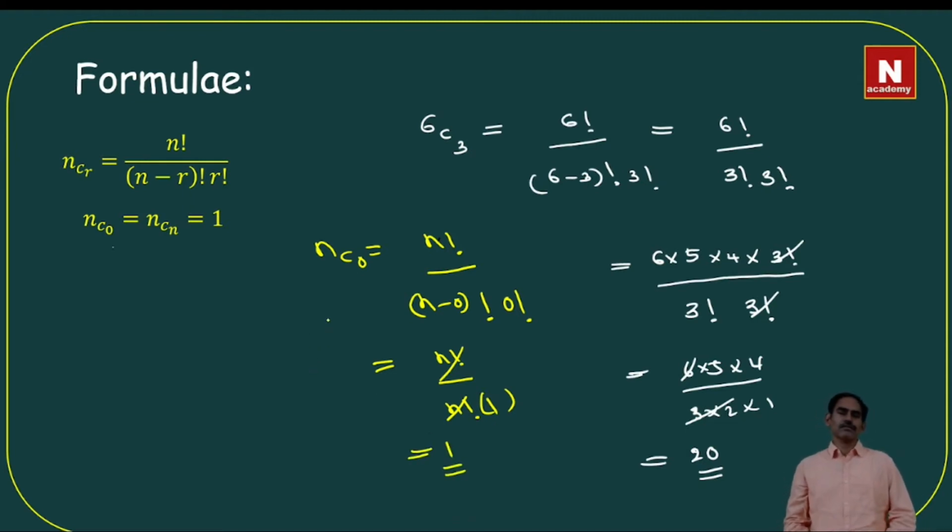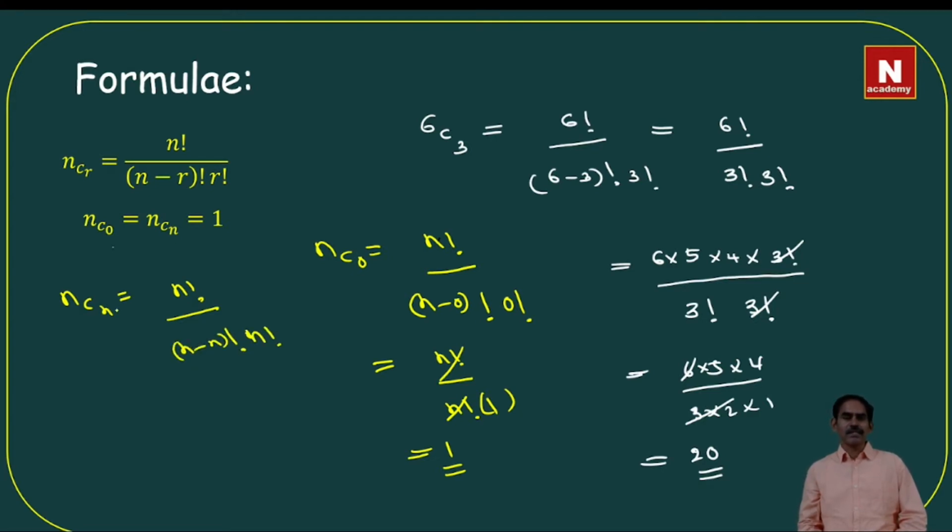The nC0 value is 1. Next, nCn. Again substitute in this nCr formula. nCn equals n factorial by n minus n factorial into n factorial. Here r is n again. Now n factorial by 0 factorial into n factorial. n factorial gets cancelled. 1 by 0 factorial is 1, that equals 1. So finally, nC0 and nCn equal 1.